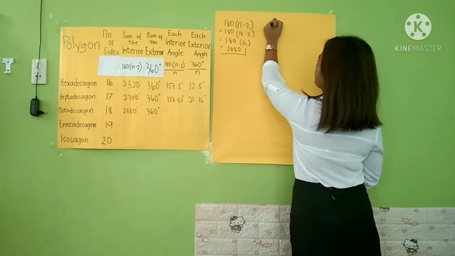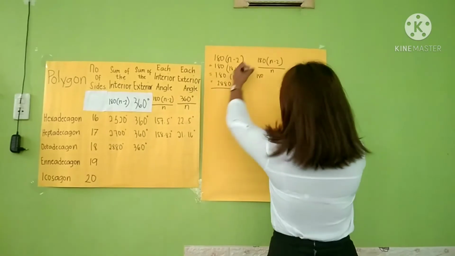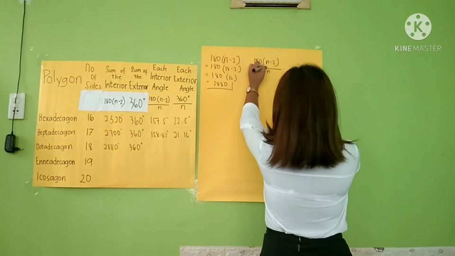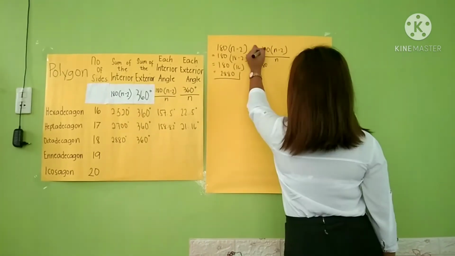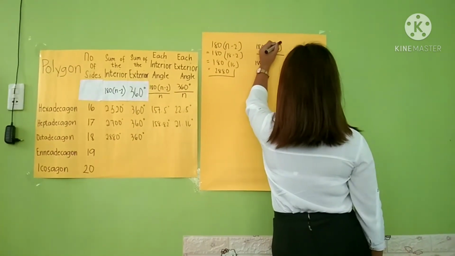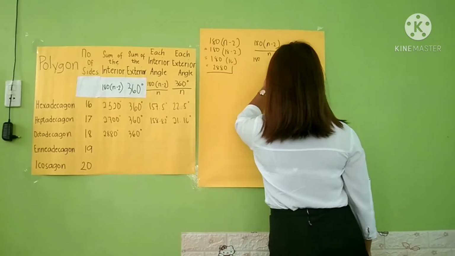Then we solve the interior angle. 180(n - 2) is all over n.